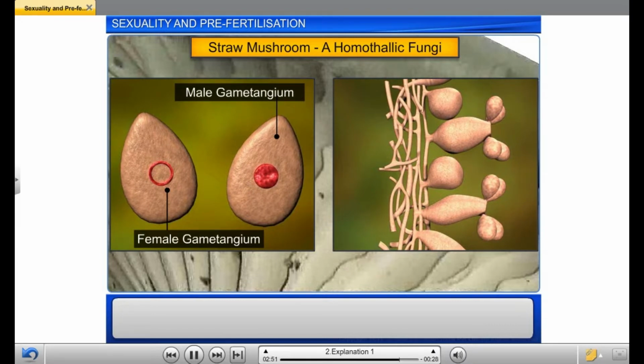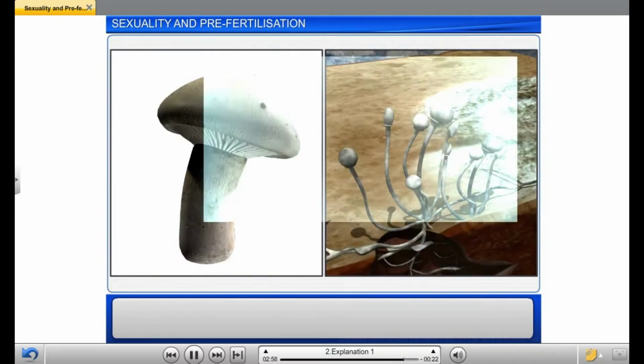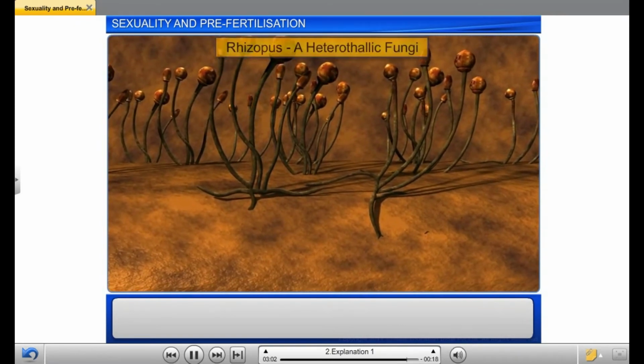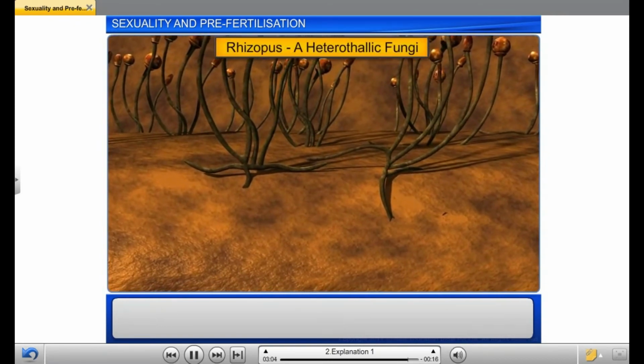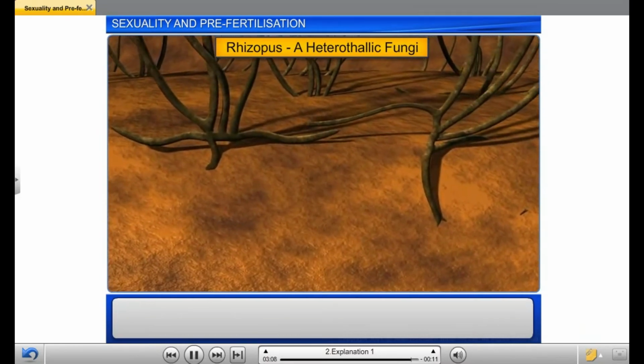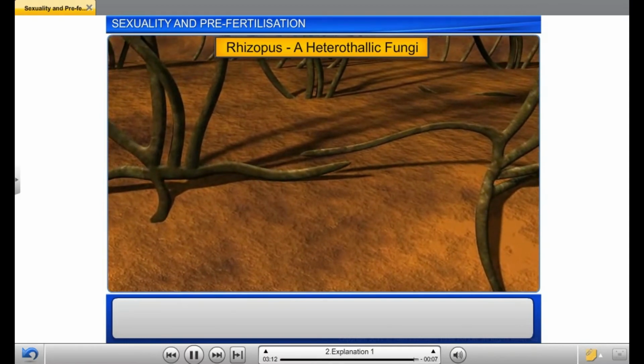Hence, these types of fungi are also known as homothallic. This is in contrast to heterothallic fungi, such as Rhizopus, which bears the male and female gametangium, that is, the plus and minus mating type, on different thallus.